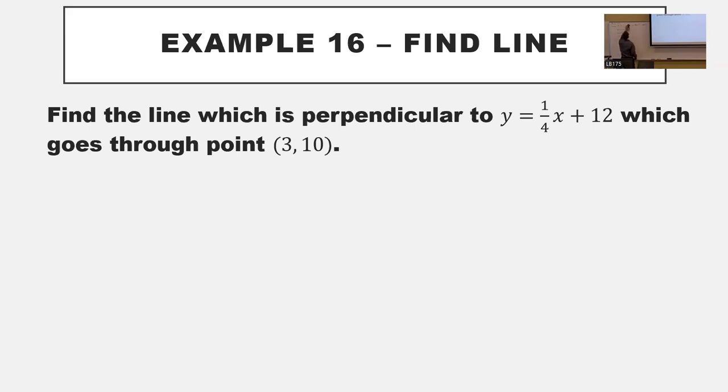All right, so parallel is nice, same slopes. There's actually 2 problems that we'll do with perpendicular. Example 16 says find the line which is perpendicular to y equals 1/4 x plus 12 and goes through the point 3, 10.